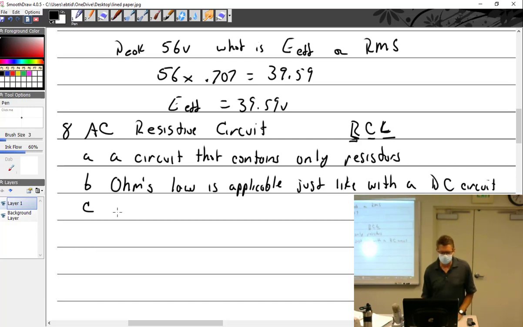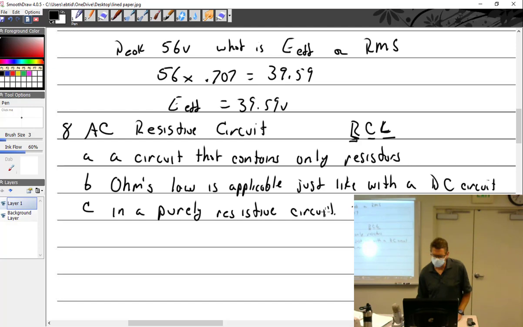Okay, in a purely resistive circuit, meaning purely resistors, volts and amps are in phase.